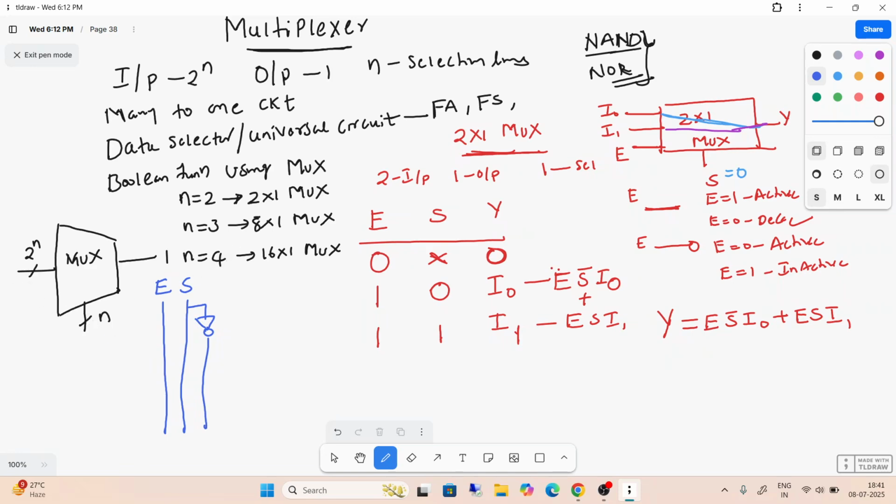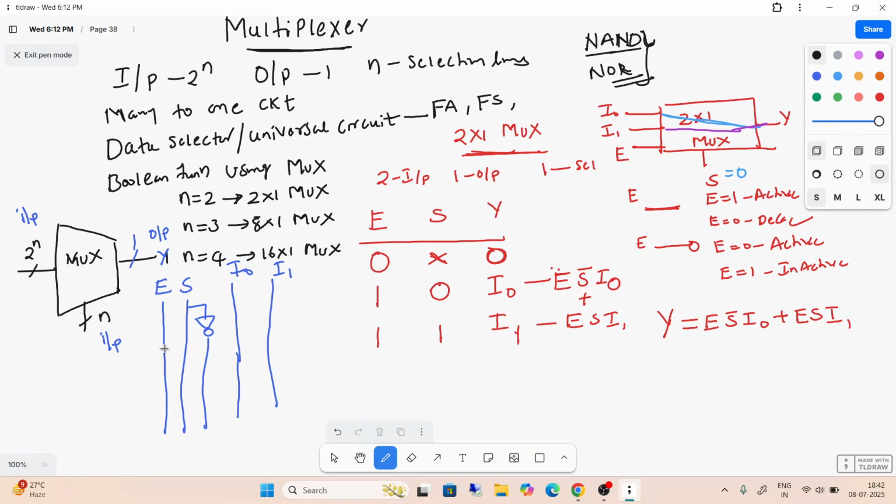Selection line is an input, E is an input, and this is the output Y. Output is 1 bit. Here this is I0 and this is I1.